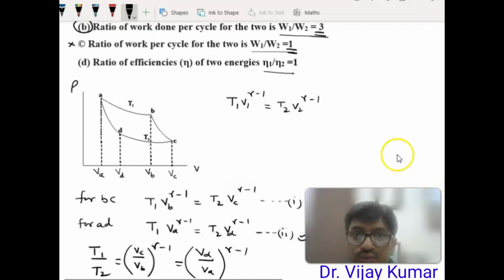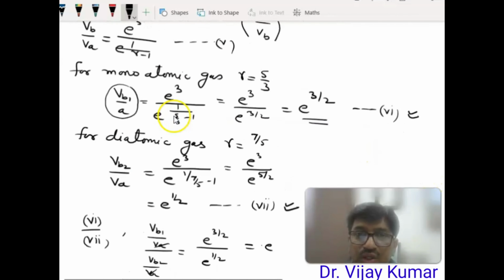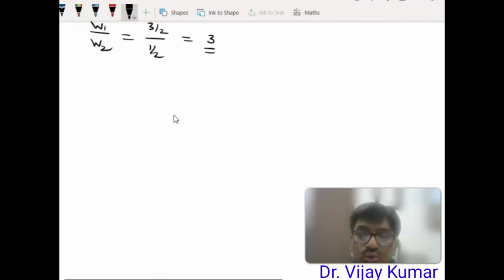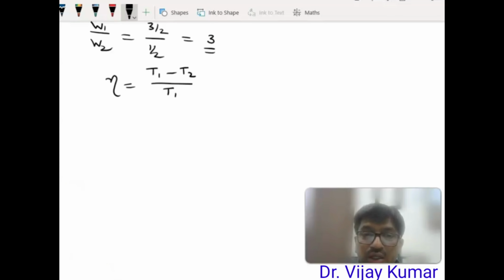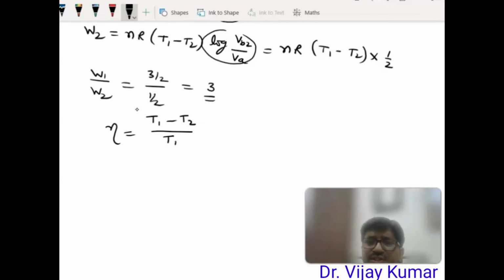Now we will check option number D, the fourth option. So we have to determine the efficiency, and we know that efficiency depends upon the temperature. It is (T1 minus T2) upon T1, and as the efficiency depends upon the temperature, in both processes eta 1 becomes eta 2. Efficiency in both cases will be the same.